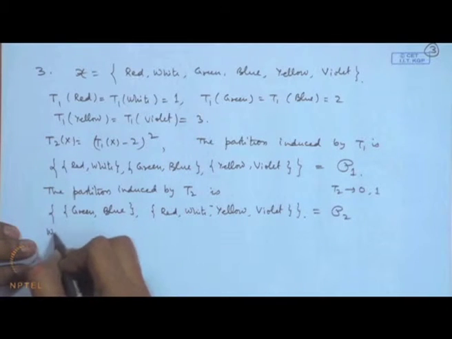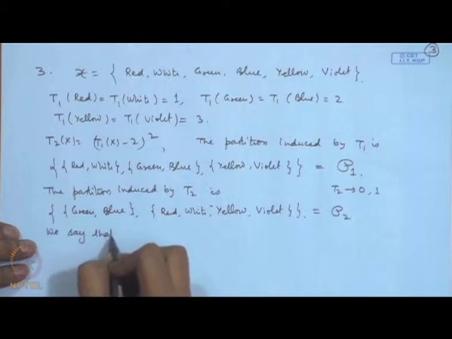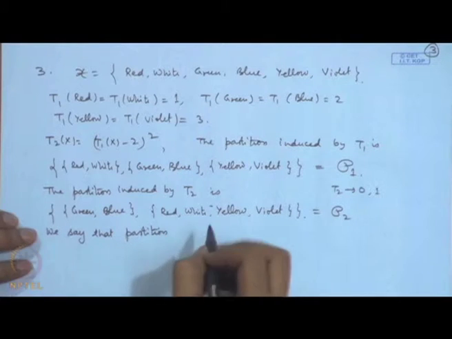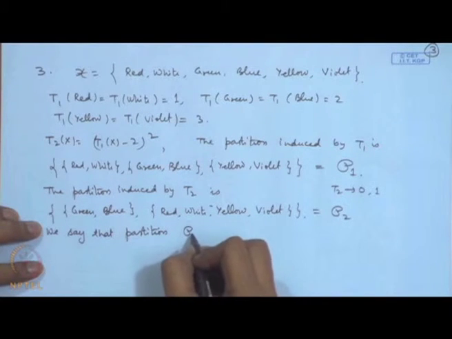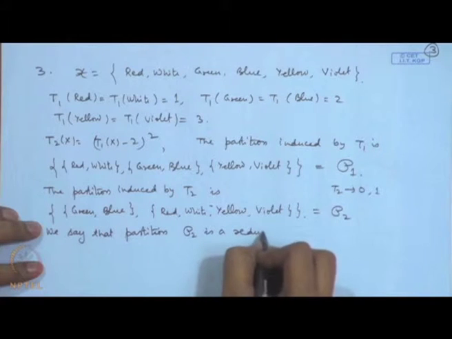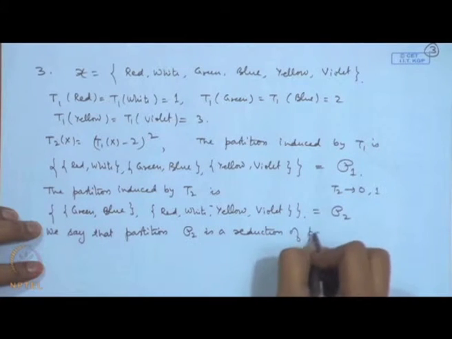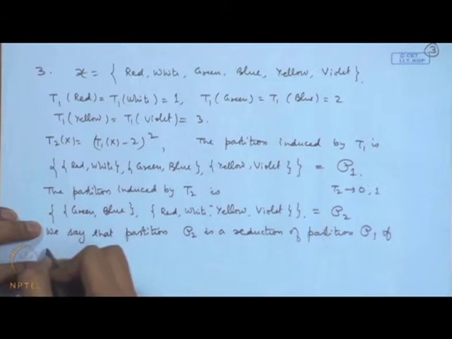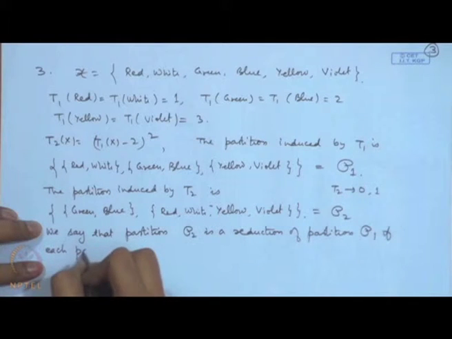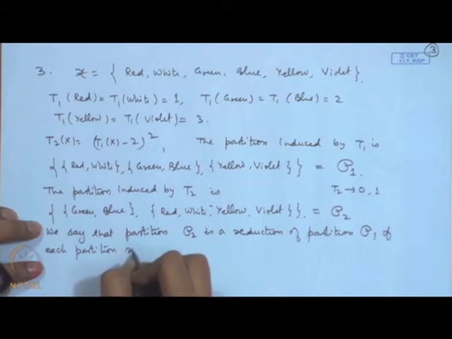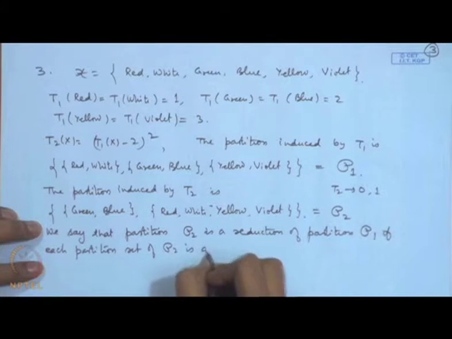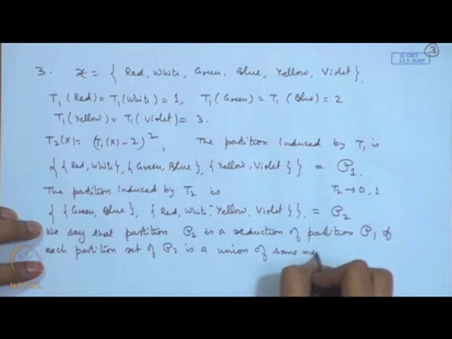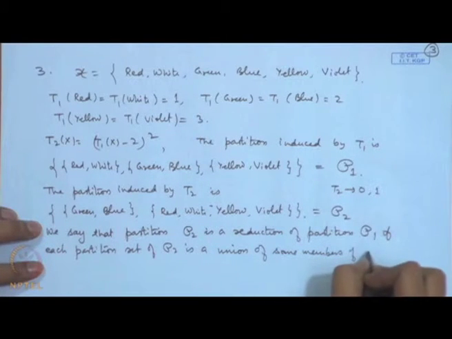So, we say that partition P2 is a reduction of partition P1 if each partition set of P2 is a union of some members of P1.